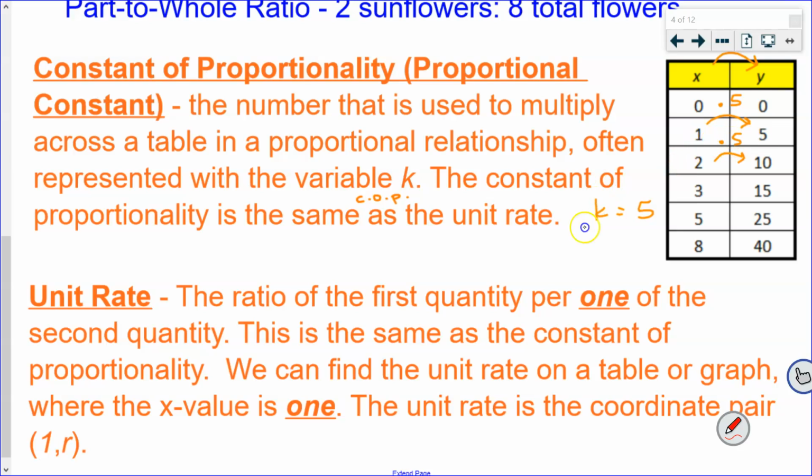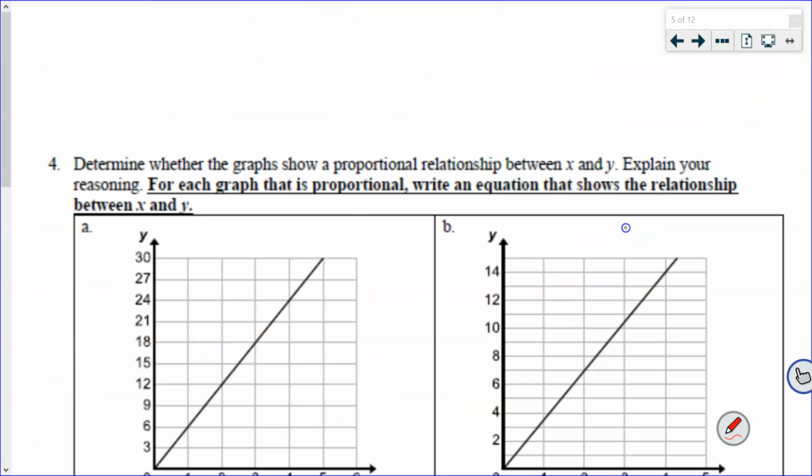Instead of just the number 5, we would say something like 5y per 1x, or really the y and the x would be replaced with certain things like miles per hour, where the unit rate ties in the units of measure. Key thing is that these are the same. K equals 5 and 5 over 1 all simplify to 5.